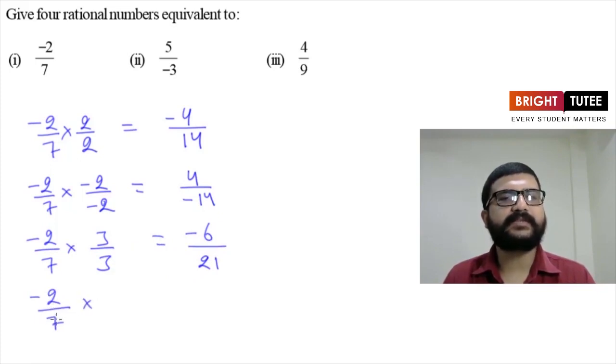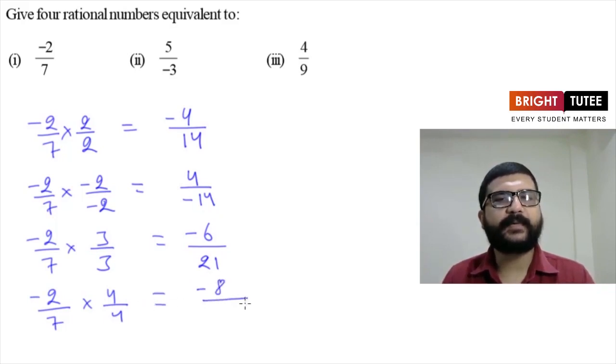So minus 2 upon 7 into 4 upon 4, this will give us minus 8 upon 7 into 4, that is 28. So these are the 4 rational numbers which are equivalent to minus 2 upon 7. Now the next question here is 5 upon minus 3.